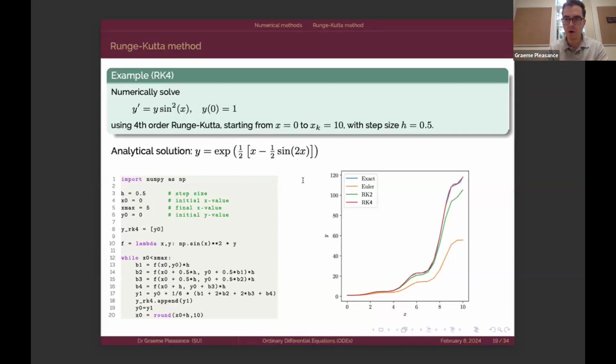There are numerical routines available that pretty much handle this for you. This is what I'll be covering in the first part of this lecture. In the second part, I'll go on to look at how you can treat higher order ODEs, so ODEs of second order and higher. And then I'll focus again on some particular examples, in particular the damped driven oscillator.